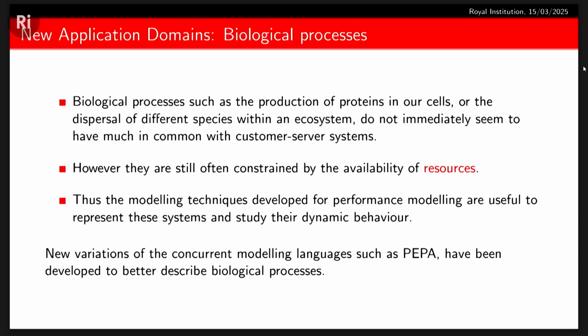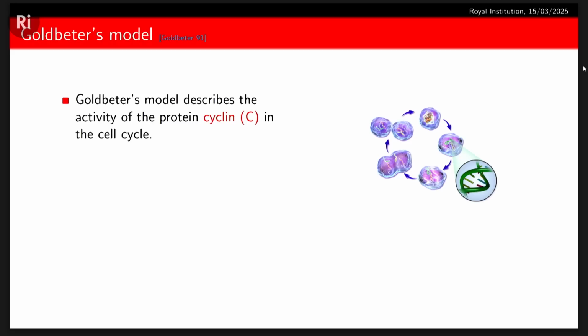And because we have these languages, we can tailor the way the language is formed to be more natural for the people, for example, working in biology. So we would use primitives that make sense to them, instead of using things that originally we were looking very much at computer systems.